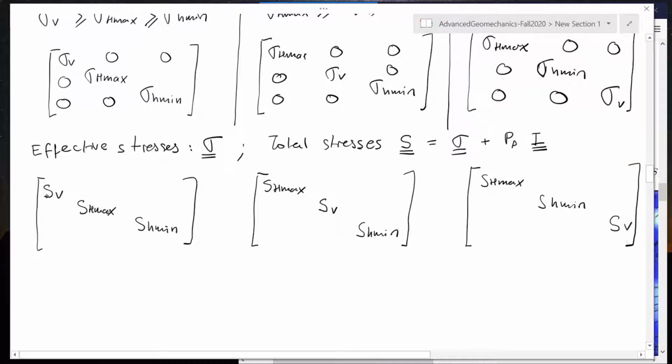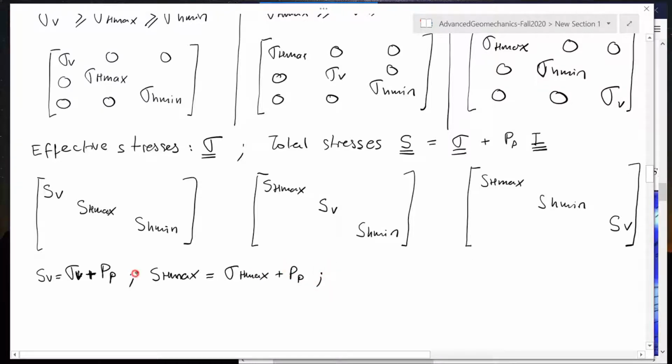Where, for example, SV is equal to sigma V plus the pore pressure. SH max is equal to sigma H max plus the pore pressure.